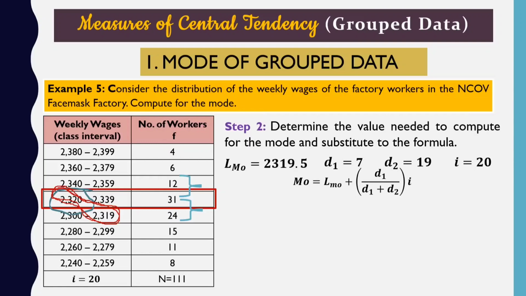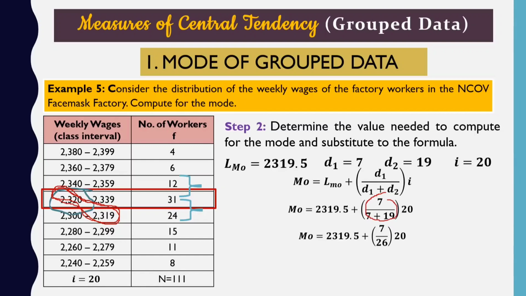So we have mode is equal to 2319.5 plus the quantity 7 over 7 plus 19, but multiplied by 20. First, we simplify these groupings.